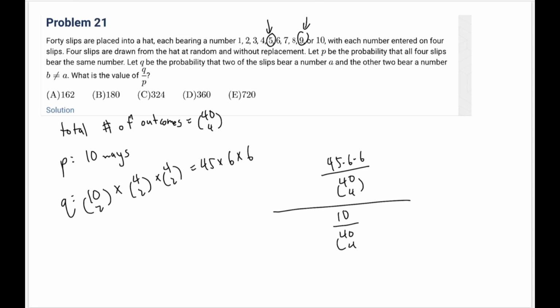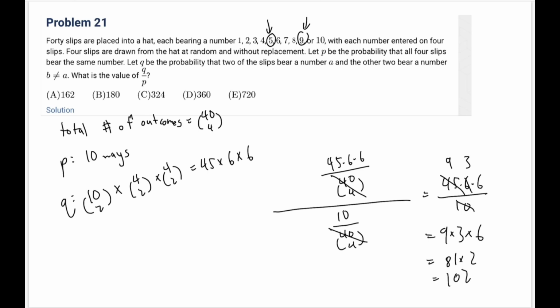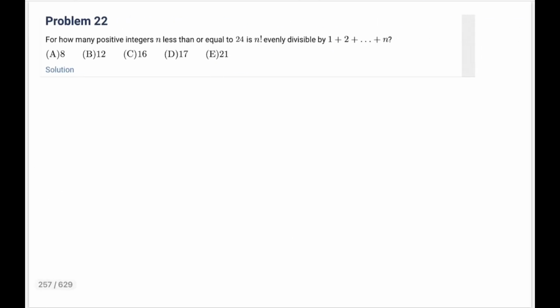And so these two cancel, and this is 45 times 6 times 6 over 10, and then this becomes 9 and 3, and so this is 9 times 3 times 6. This is 81 times 2. This is 162. So the answer is A.